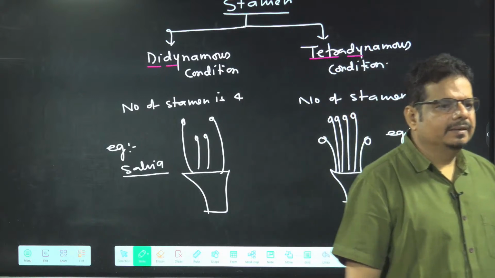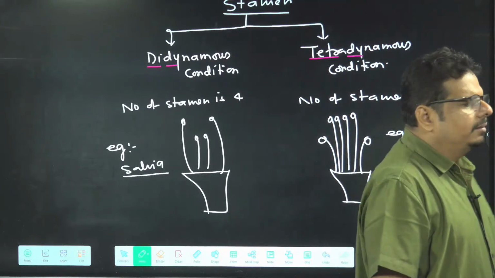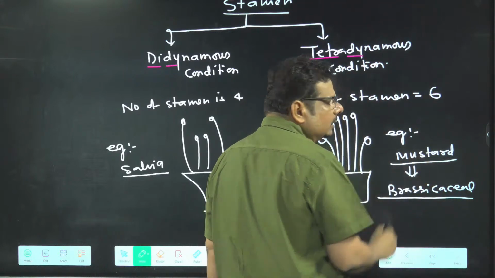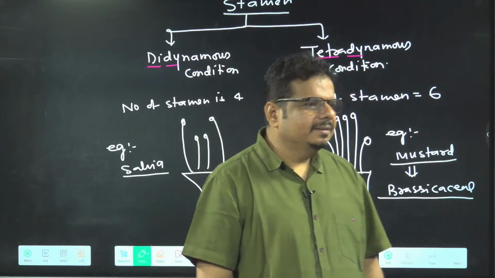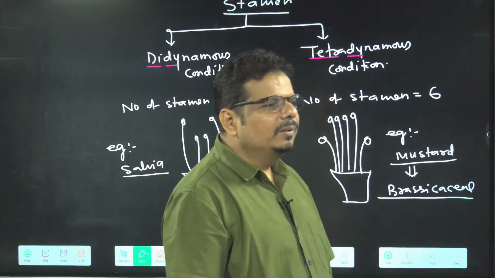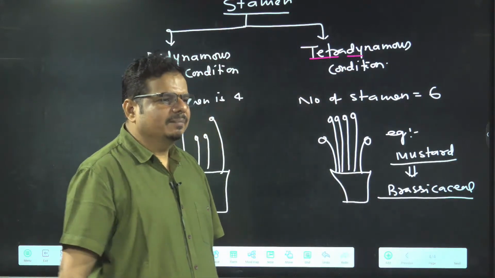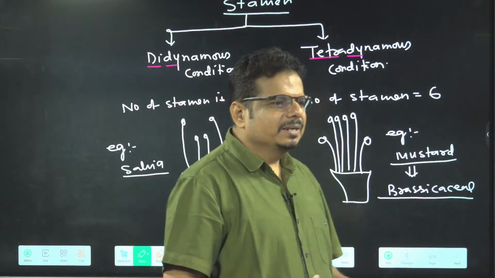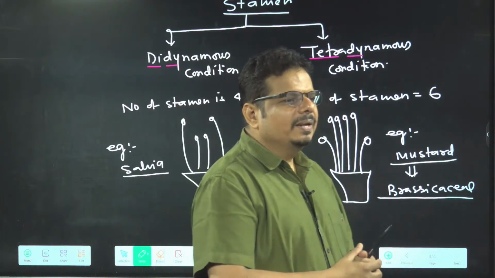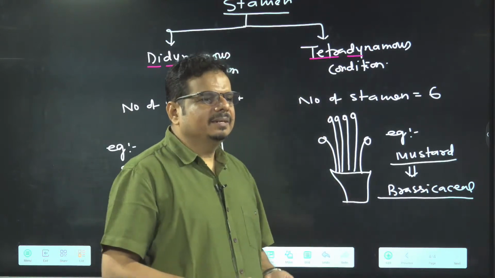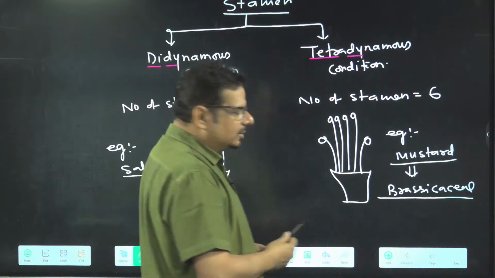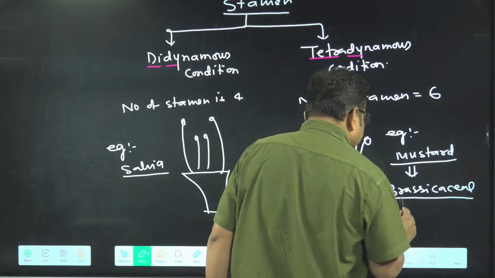In the same family, I also include radish and turnip. Radish also belongs to the mustard family, Brassicaceae. Turnip also belongs to the mustard family, Brassicaceae. So keep in mind, Brassicaceae.